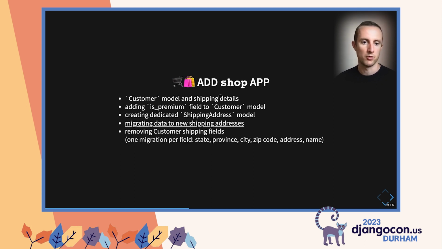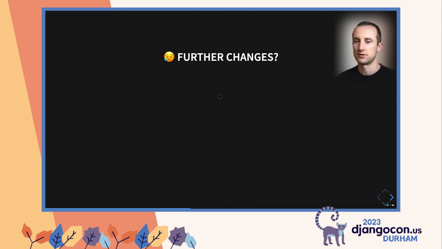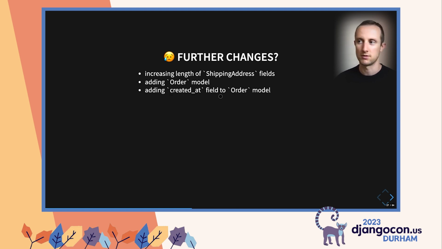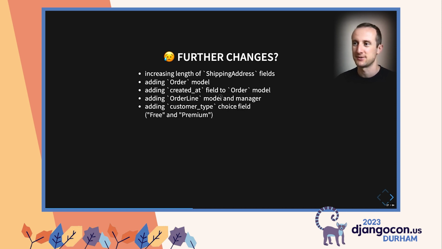So removing customer shipping fields and again other changes in the future running on. So increasing the length of shipping address, adding order model, adding created_at to the order model, order line, customer type choice field in order to select between free and premium for customer. Then we need to migrate the customer type from the flag to the choice field.